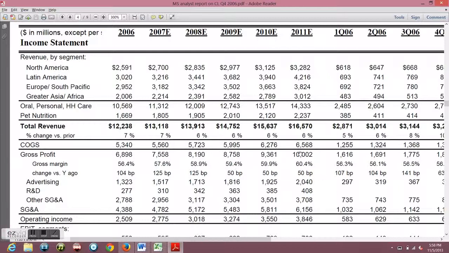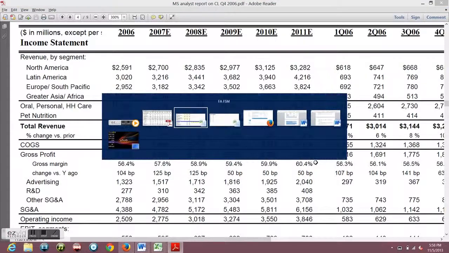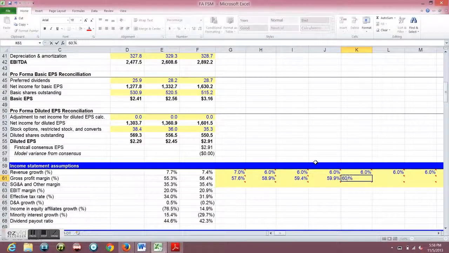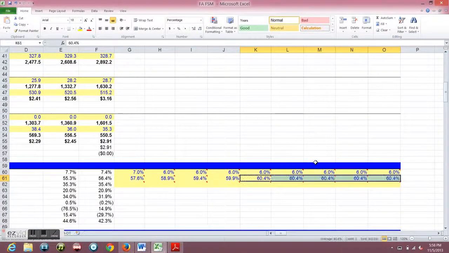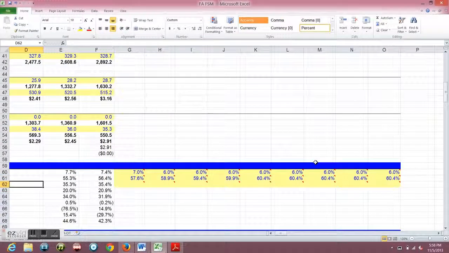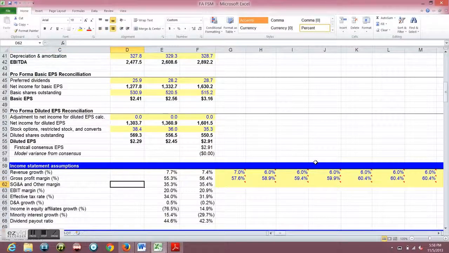And after 2011, we don't have any information, so we're going to straight line our 60.4. Okay? Next we have SG&A and other margin.